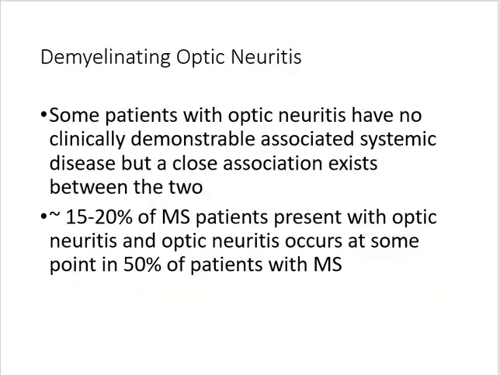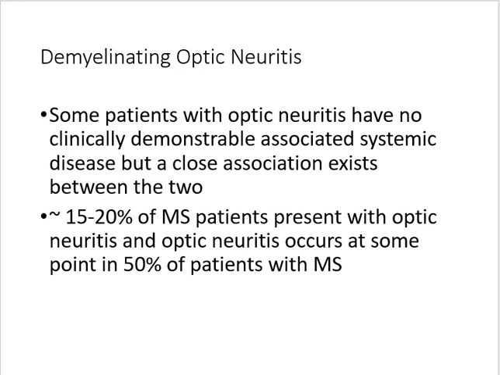So let's take a look first at demyelinating optic neuritis, and this is where the myelin is lost from the nerve fibers, and losing myelin off the nerve fibers disrupts nervous conduction, and it can be caused by diseases such as multiple sclerosis.